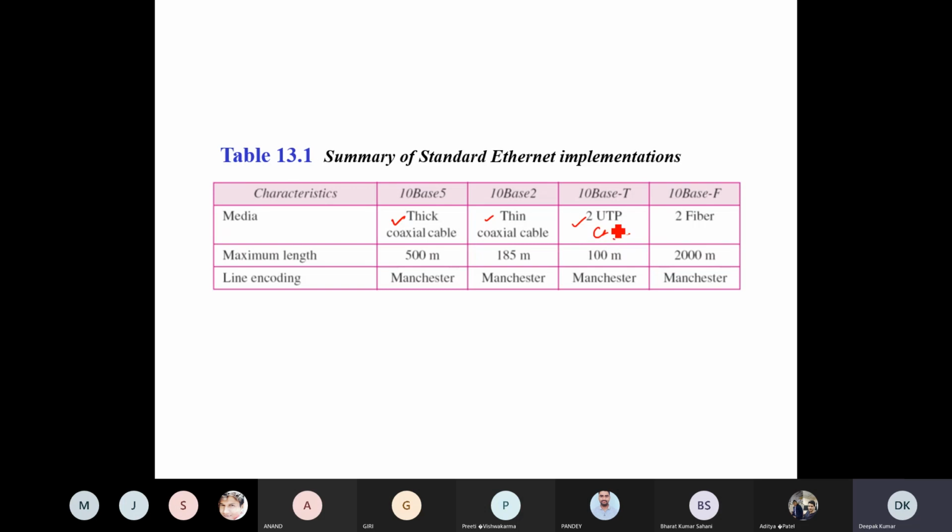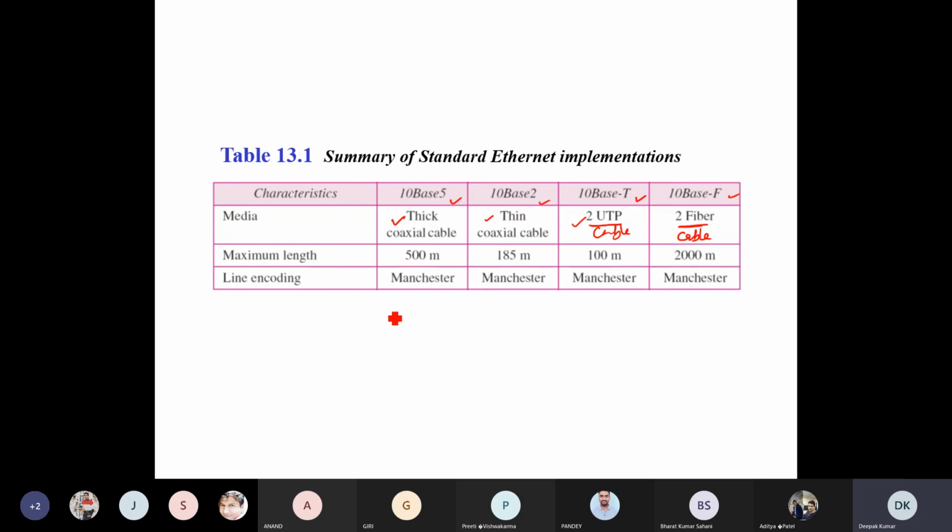UTP means unshielded twisted pair, it has no cover. The other was 10Base-F, which is basically optical fiber. We discussed that these two are in terms of a pair of wires, and 10Base5 and 10Base2 are the single line.